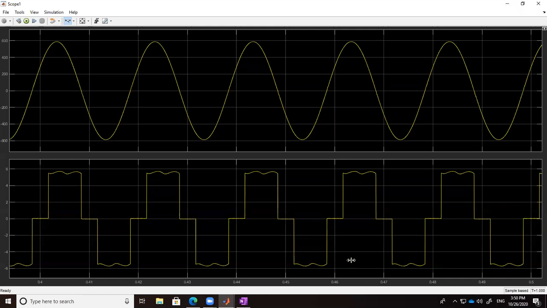So the source voltage is a purely sinusoidal one, right? But something has happened to the current. The current that I see is not sinusoidal at all.